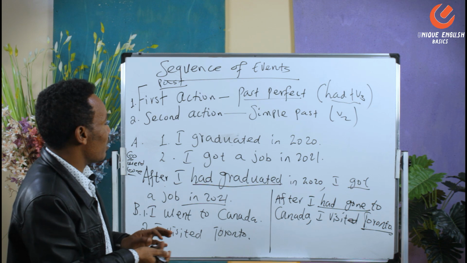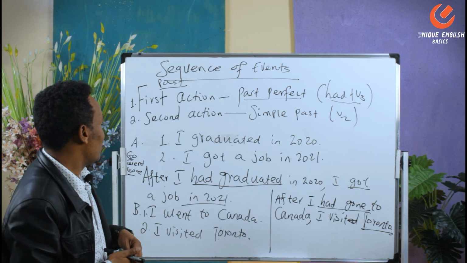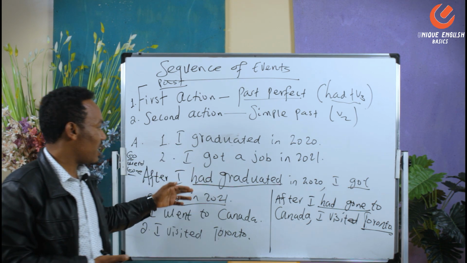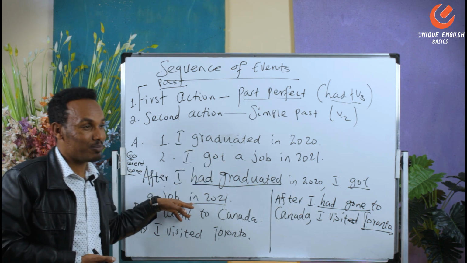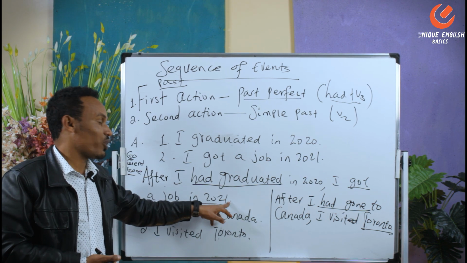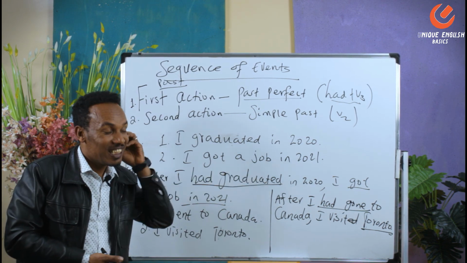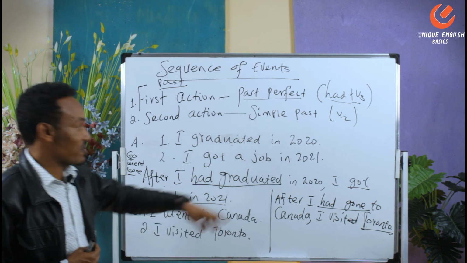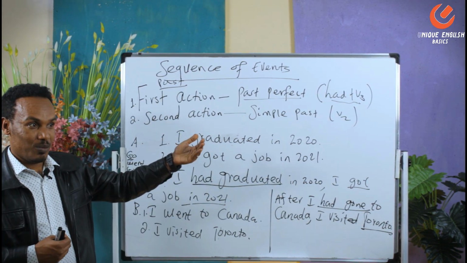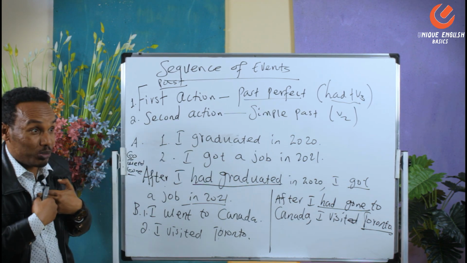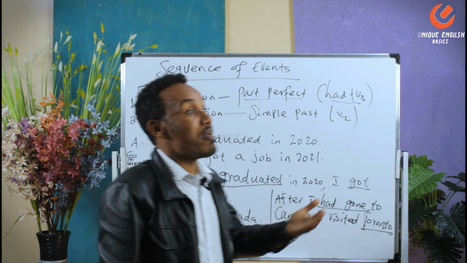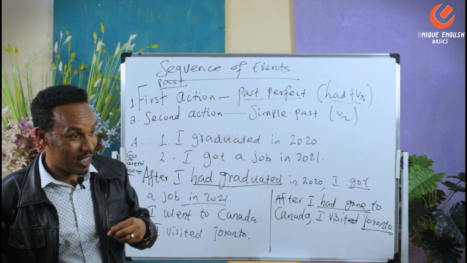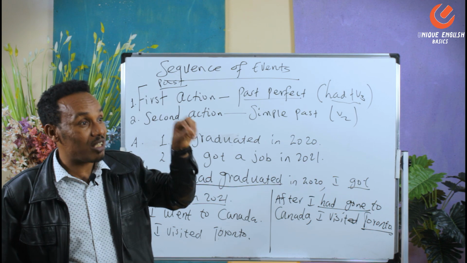Okay. ለምሳሌ ይሄን ከማረጌ በፊት እንደዚህ አድርጋለሁ. ለምሳሌ እዚህ ጋር ቢፎር እናምጣውና ያኛውን ወደዚህ ያምጩ, before I got a job in 2021, I had graduated in 2020, አይደል. ስለዚህ ይሄኛውን መጀመሪያ ሳመጣው I got a job የሚለው ሰከንድ አክሽኑን ሁለተኛውን ሰከንድ አክሽኑ ማለት ሲምፕል ፓስቱን ባረፍተ ነገሩ መጀመሪያ ሲመጣ አፍተር የነበረው ምን እላለሁ ማለት ነው before I graduate, before I got a job in 2021 I had graduated in 2020, right?